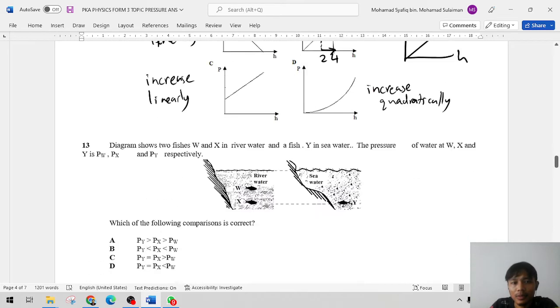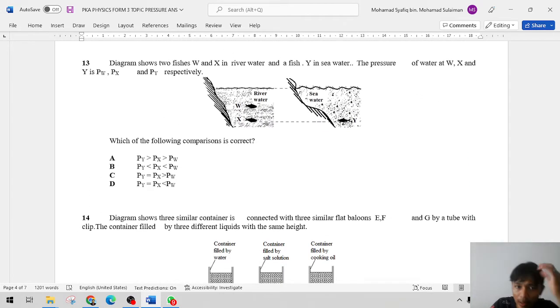Okay, number 13. So we have W, X and Y in river water and sea water. So we want to find the correct comparison. Okay, which one is higher pressure? Okay, so river water density is lower than seawater density.